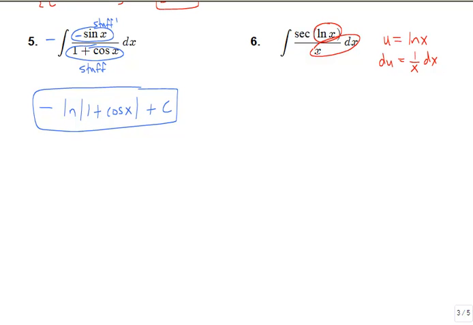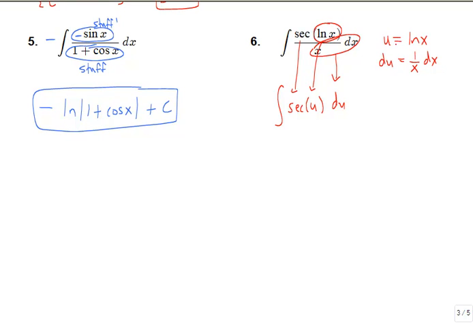This x is in the bottom, so it's like a 1 over x times a dx. So this is going to become a du, this becomes a u, and that secant just stays in front of that u. So this whole integral turned into secant u du.